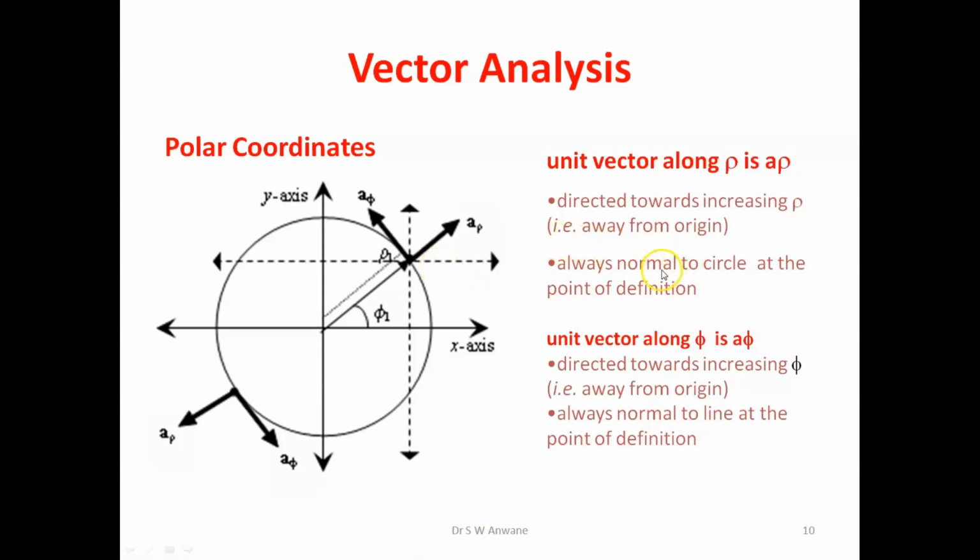Normal to the circle means it is normal to ρ equal to constant, and ρ equal to constant is a circle. So at this point, if you define ρ cap, it will be directed radially outward and normal to the circle. Similarly, if you define it at some other point, it will be directed radially outward and perpendicular to the circle.